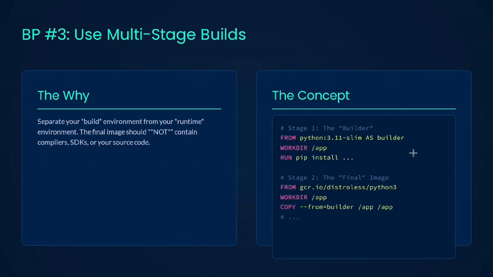We run pip install. We build our application. And in stage 2, we start from a clean, empty, distroless image, and we only use the COPY --from=builder command to copy the result of our build. This means the final image has none of your source code, no pip, no compiler, no build tools, just the final optimized application. This is a game changer.